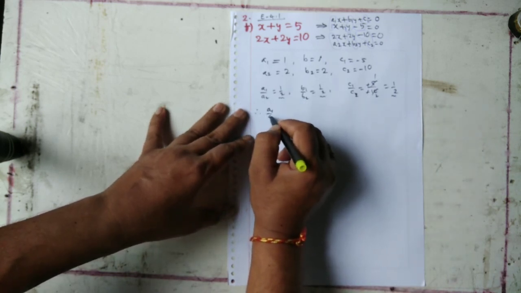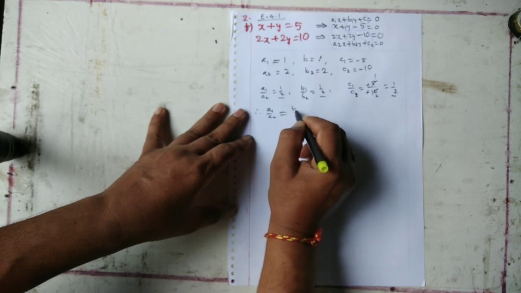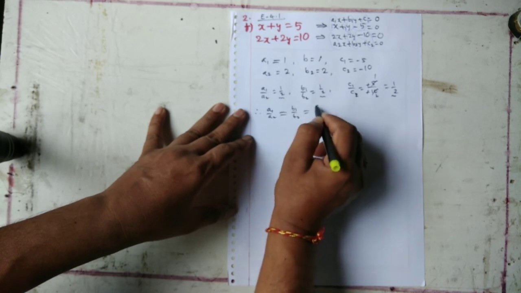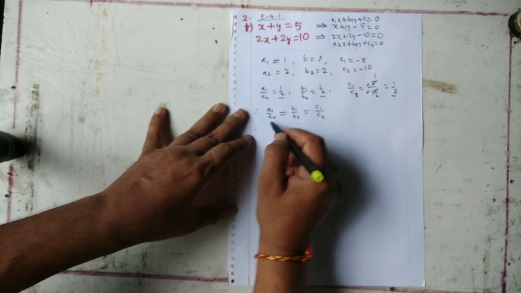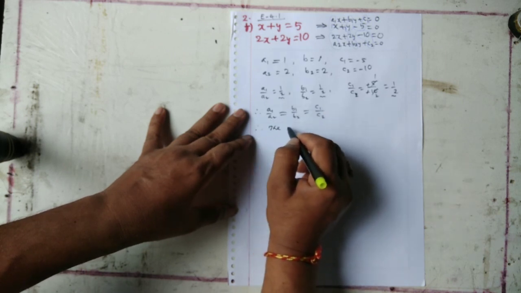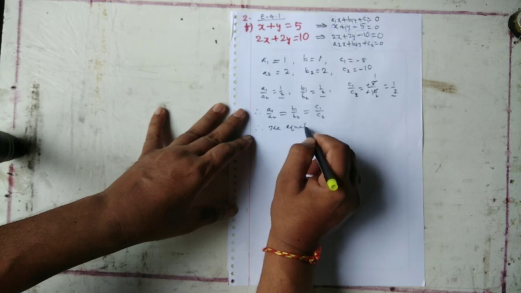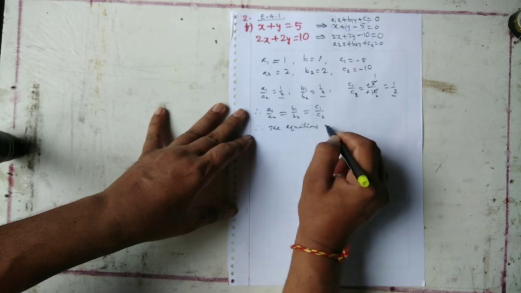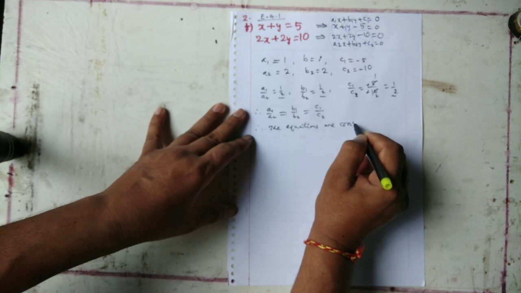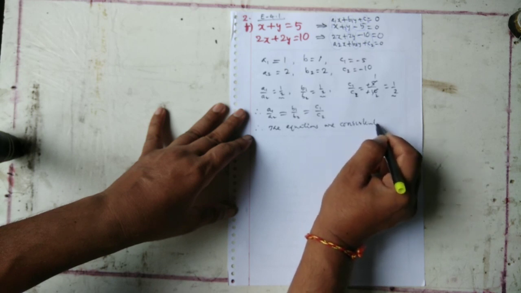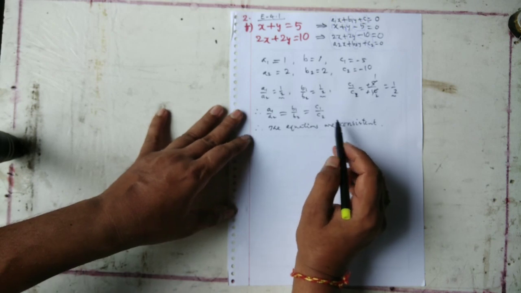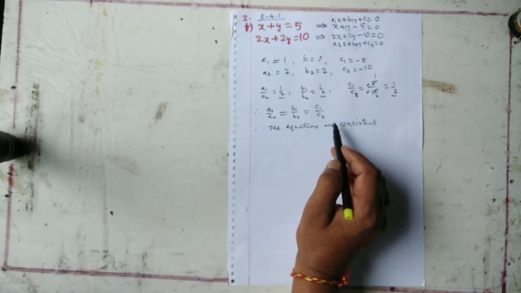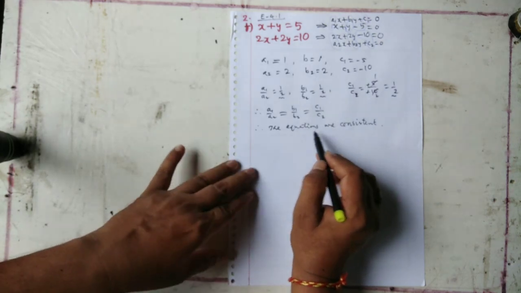Therefore, a1 by a2 is equal to b1 by b2 is equal to c1 by c2. Therefore, the equations are consistent. And also we can say that they represent coincident lines and have infinitely many solutions.